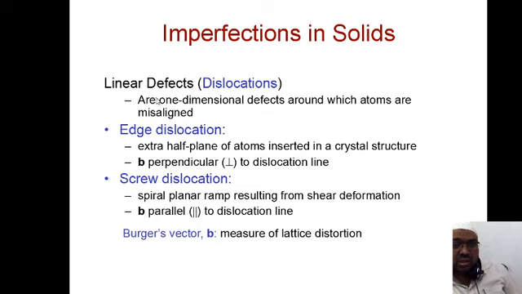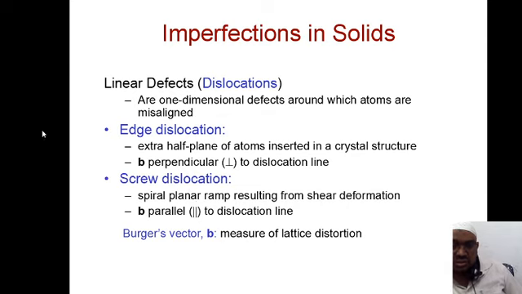You have linear defects, which are called dislocations. When I say linear defect, it is one dimension. One dimensional defects are those in which the atoms are misaligned, and dislocations are of two types: edge dislocation and screw dislocation.